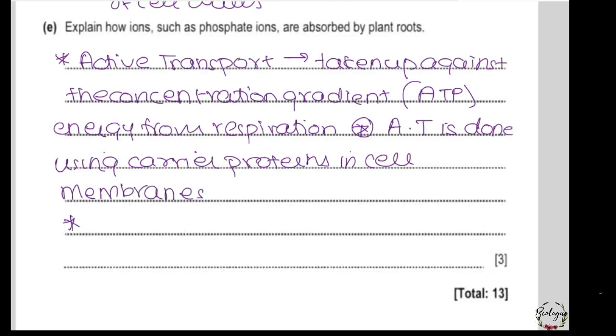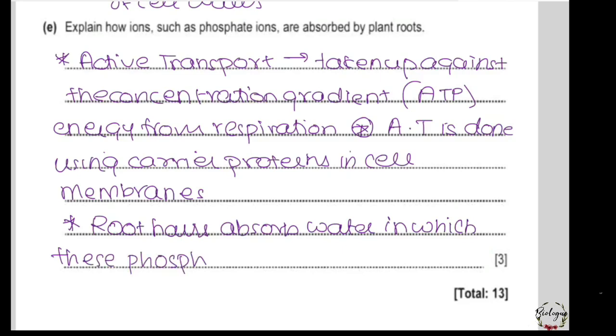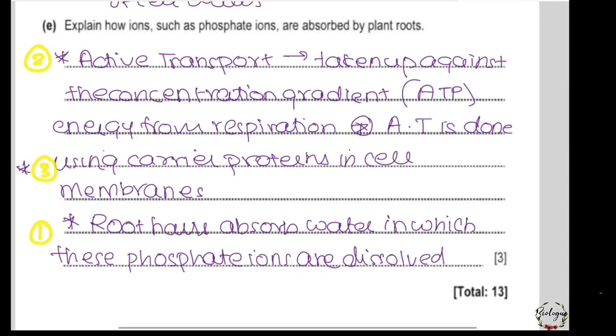Now, how it is absorbed by the roots, you will have to say that the root hairs absorb water in which these phosphate ions are dissolved. Alright. So actually, if you see the order, this should be your first point, after which you should write this as your second point, and then this one should be your third point. Alright, you guys may take a screenshot of this.